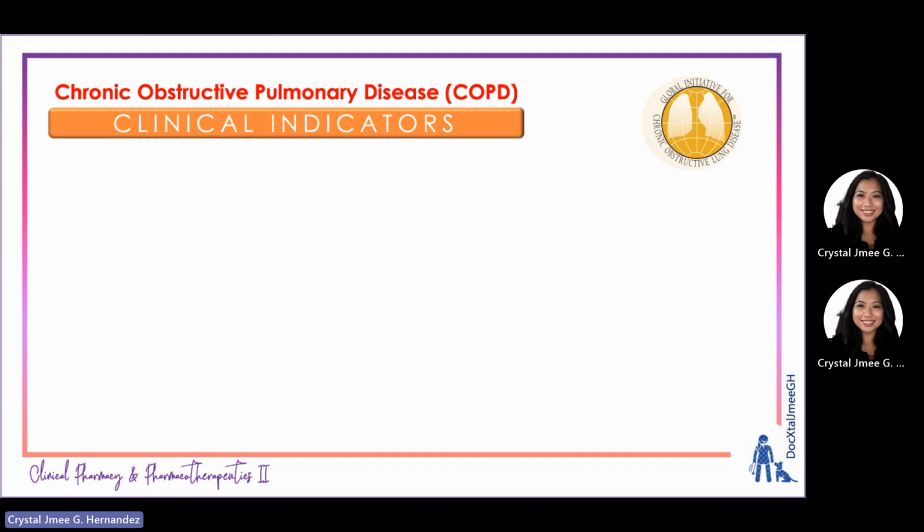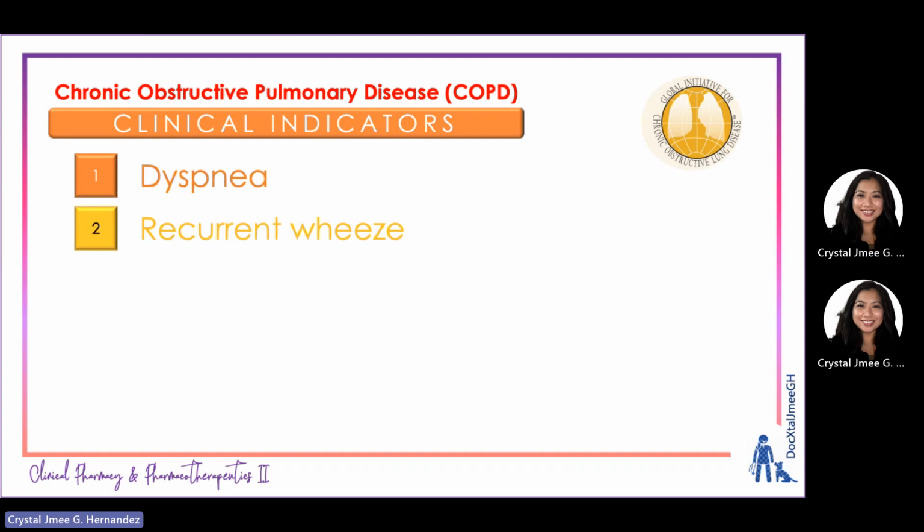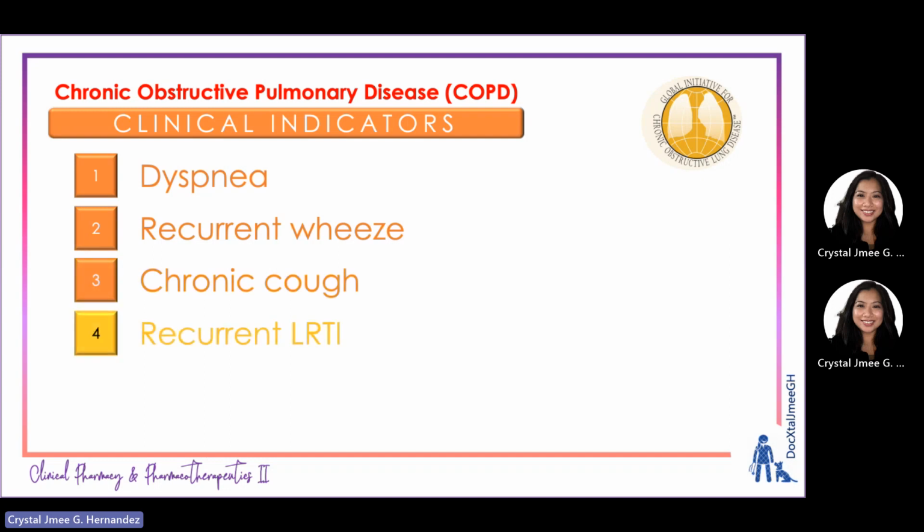The clinical indicators that are commonly present and would trigger us to consider COPD include, first, dyspnea. Second, recurrent wheeze. Third, chronic cough, as we mentioned in the definition, especially for chronic bronchitis.